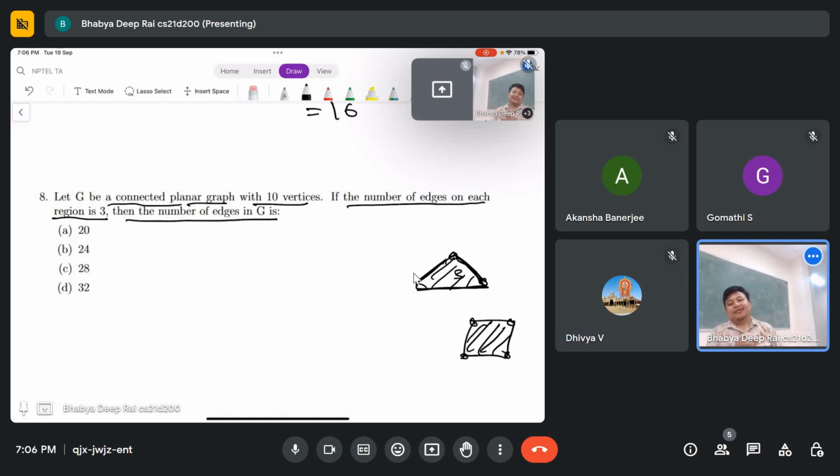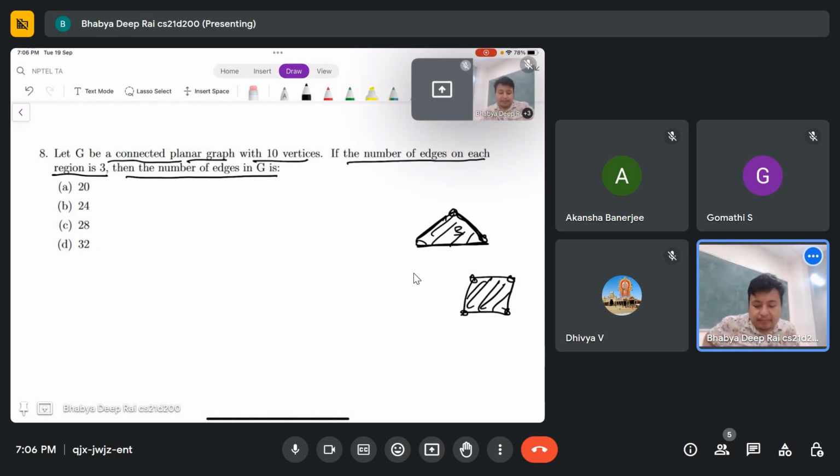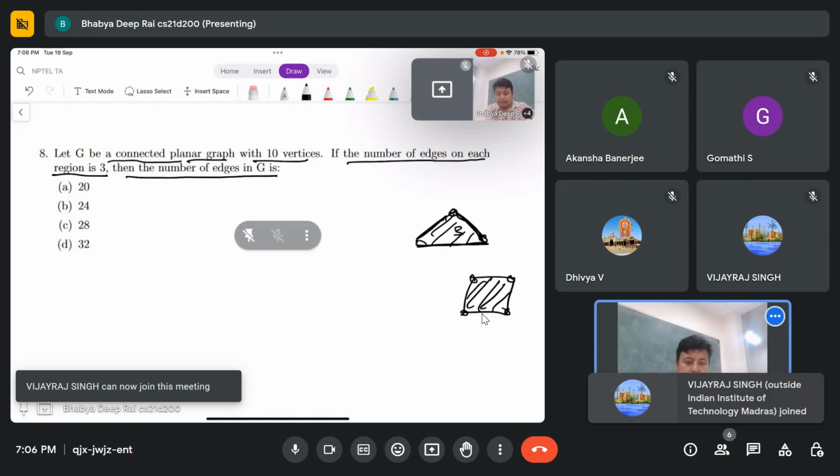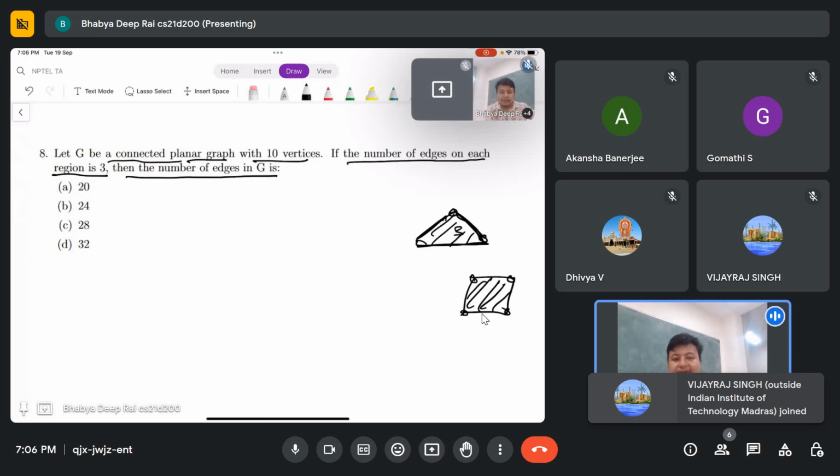So a slight application of combinatorics here. G is a connected planar graph, 10 vertices. Number of edges bordering any region is 3. Then the total number of edges in G is... Someone has just joined.